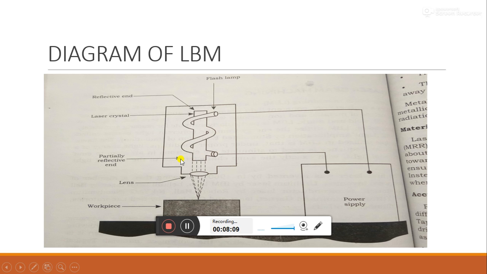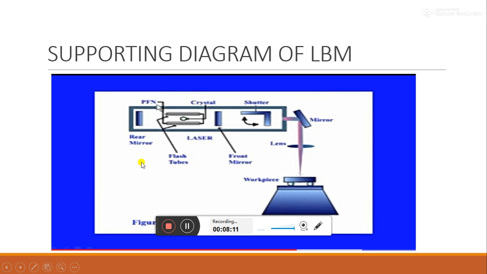This is a partially reflective end, and it hits a mirror, and there is a focusing lens. Through the lens it reaches the workpiece surface.